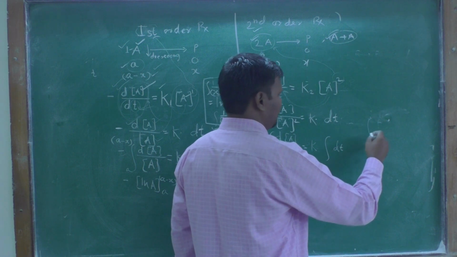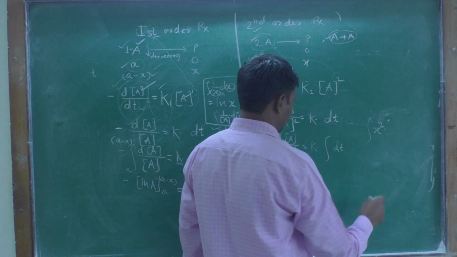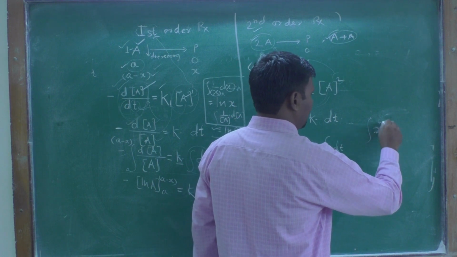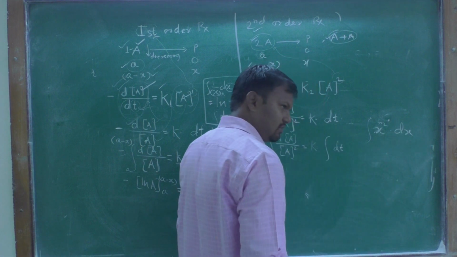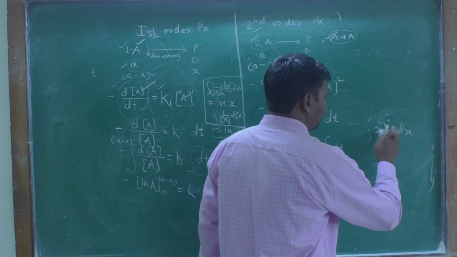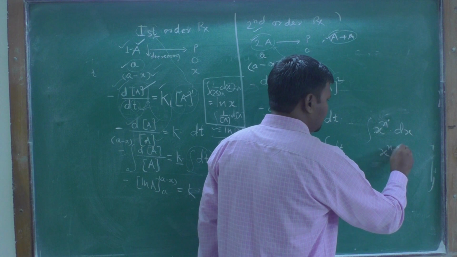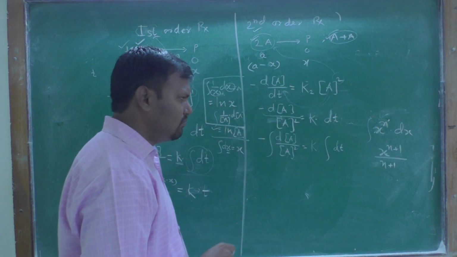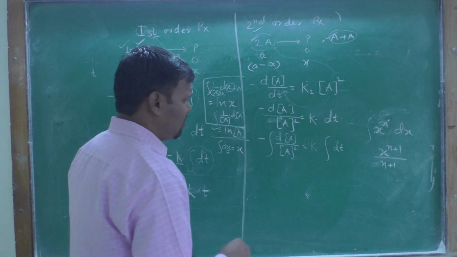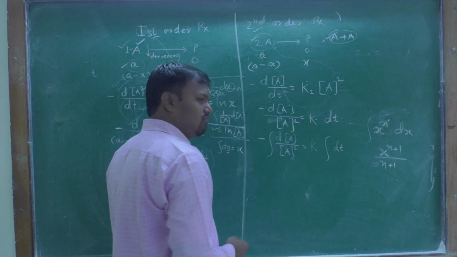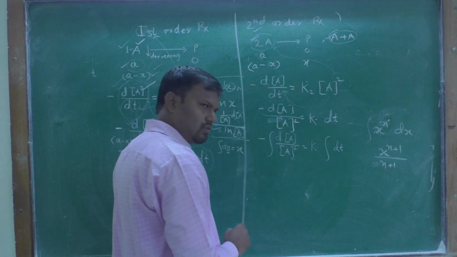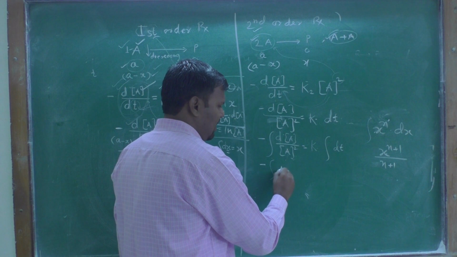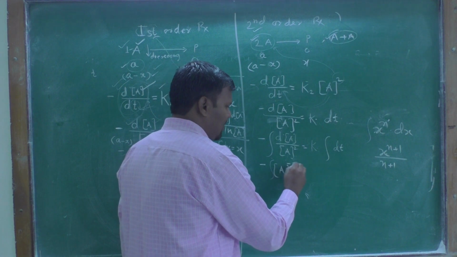For this we have another formula. If there is x square into dx, the formula is x raised to n plus 1 upon n plus 1. This is the formula. Therefore this square will be moved and multiplied, then it is changed to A raised to minus 2.